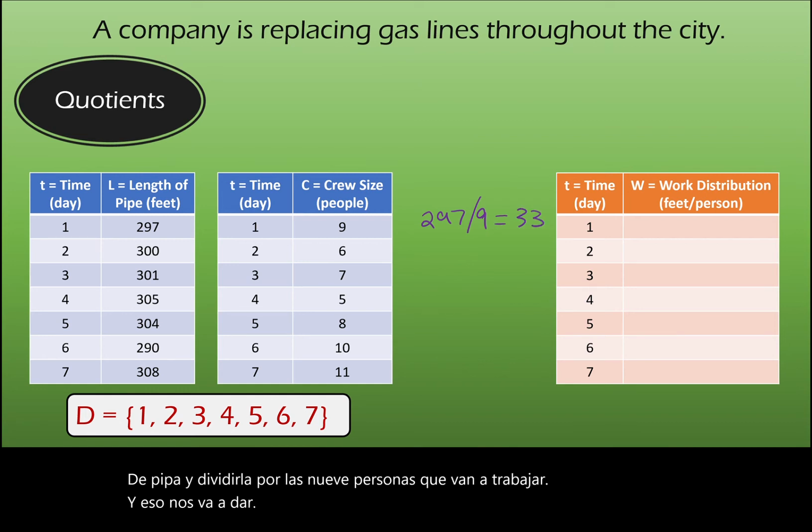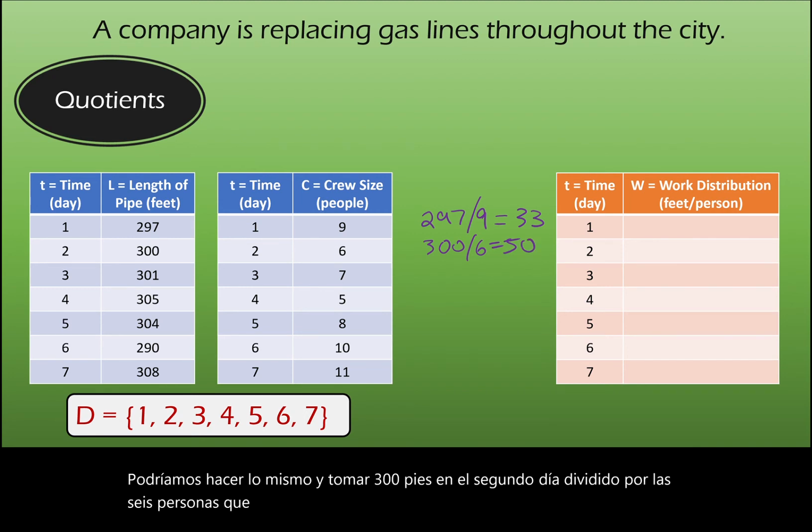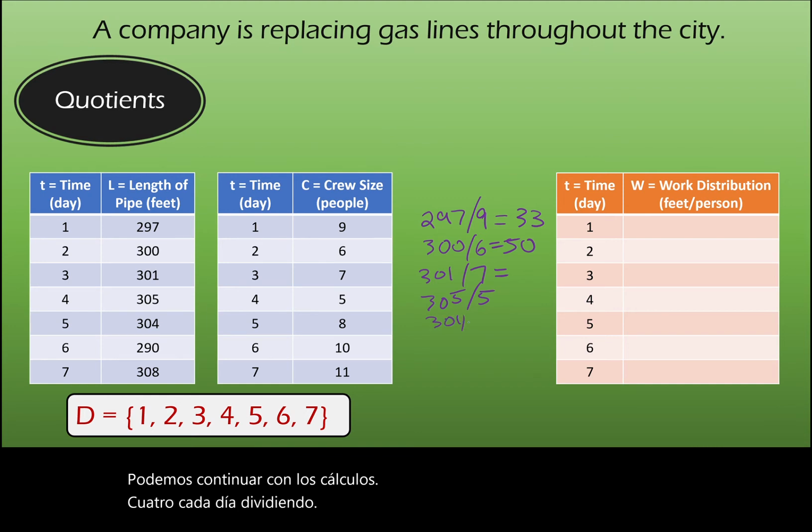And that's going to give us 33. We could do the same thing and take 300 feet on the second day and divide it by the 6 people working, and that's going to give us 50 feet per person. We can continue the calculations for each day, dividing the length of pipe by the number of people until we have filled out our table.